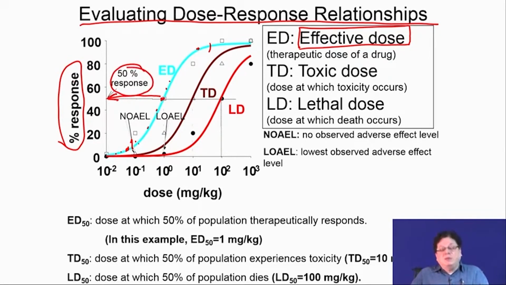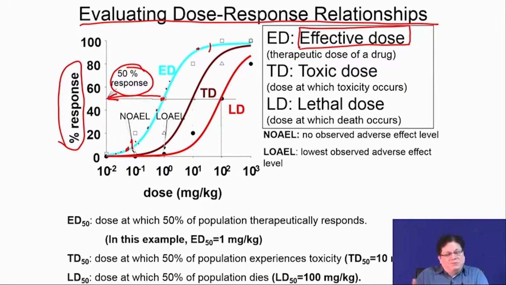If you have say 100 animals and you are slowly increasing the concentration of the drug, and you see that the desired effect is seen in 50 animals, then that is the concentration needed to have the effect shown by 50% of the subjects. Okay. That is what is called effective dose.